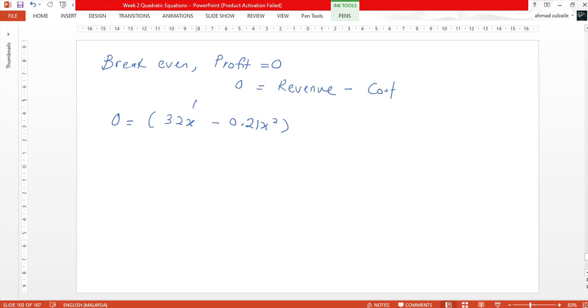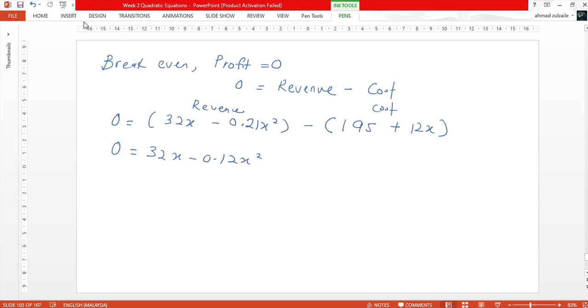This is the revenue. Minus the cost. Cost is equal to 195 plus 12x. This is the cost. Right? So definitely you have to expand the bracket. So 32x minus 0.21x squared, 0.21 by the way.